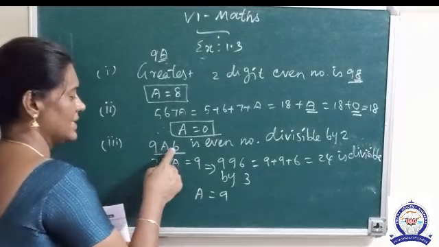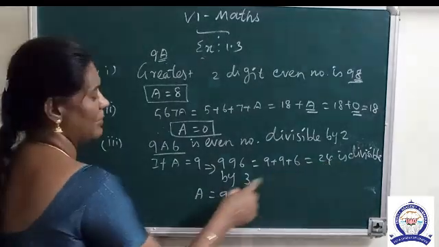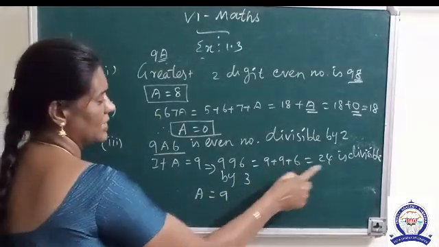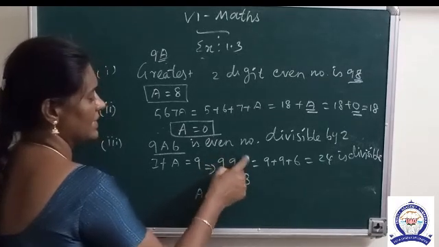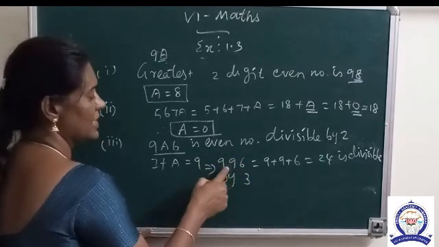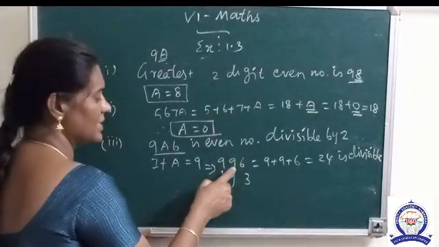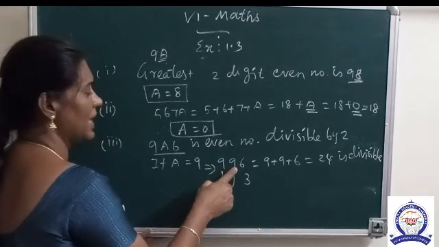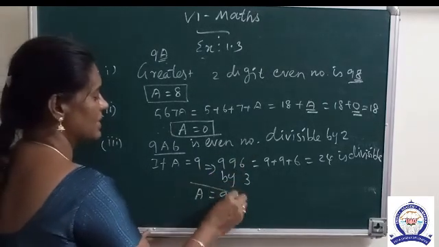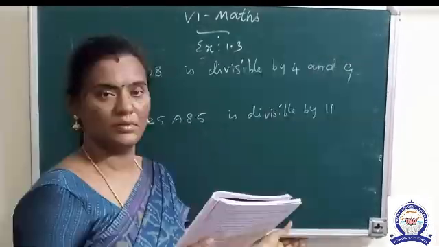So the number is divisible by 3, since the sum of the digits, 24, is divisible by 3. So this 996 is divisible by 3. This 996 is also divisible by 2. This is the highest three-digit number divisible by 2 and 3. So the number is divisible by 6. So the value of A is 9.